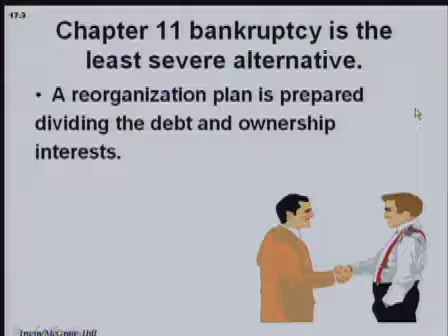So what you do is you prepare a plan to pay off part of it, possibly give some of the creditors a piece of the company. In other words, give them some shares of stock, a certain percentage of the company, instead of the debt.